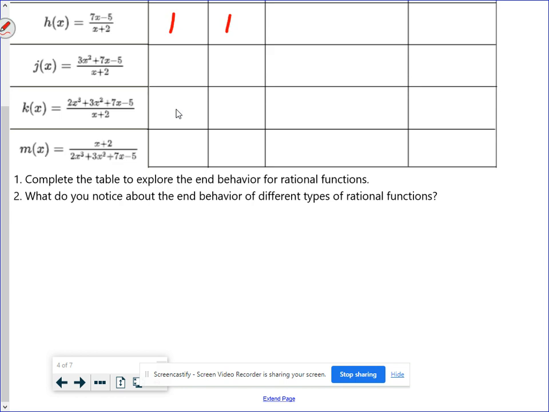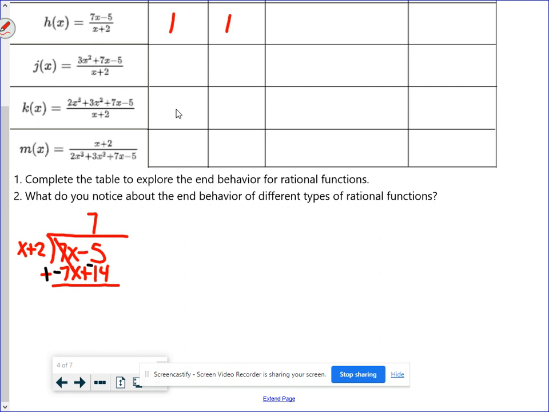I've got x plus 2 is my divisor for all of these. X plus 2 and 7x minus 5. So x goes into 7x 7 times. So I would have 7x plus 14. And we subtract, and we would add the opposite.